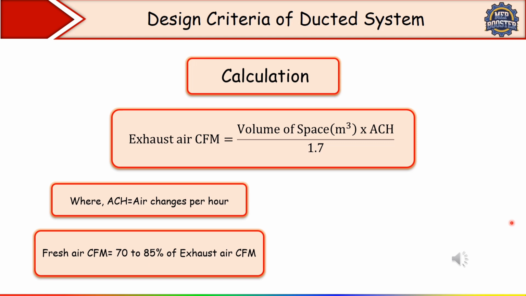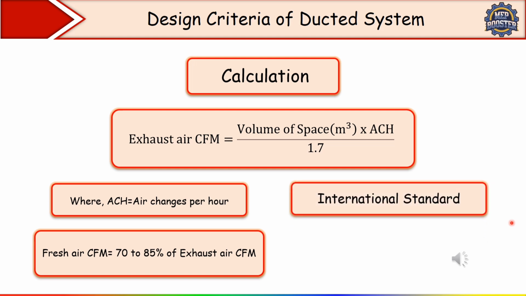So how much fresh air do we have to supply into the basement or the car parking area? It is given that 70 to 85% of the exhaust air CFM is our fresh air CFM. Once you get the exhaust air CFM value, 80 or 85% of that value we have to supply as fresh air, to improve the air quality or maintain the oxygen level.